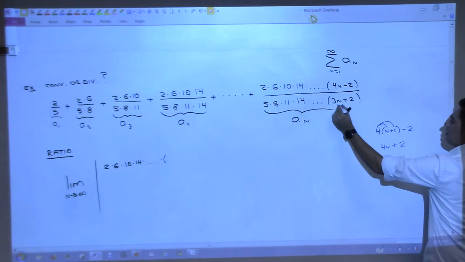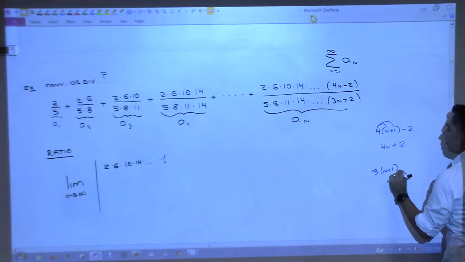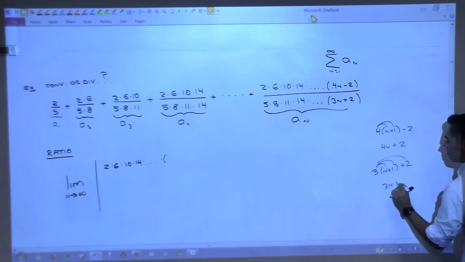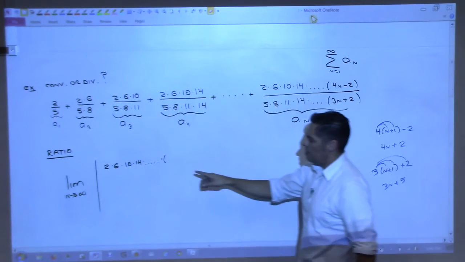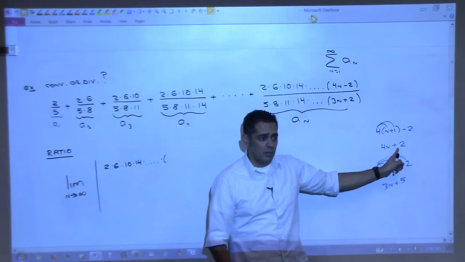Now what about this one here? What would 3 times n plus 1 plus 2 be? 3n plus 5? Agreed? So when I'm doing the n plus 1, then I'm going to do 2 times 6 times 10 times 14 all the way until I get to 4n plus 2 on top.